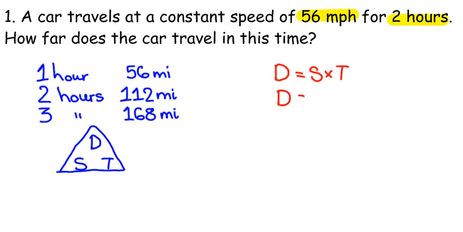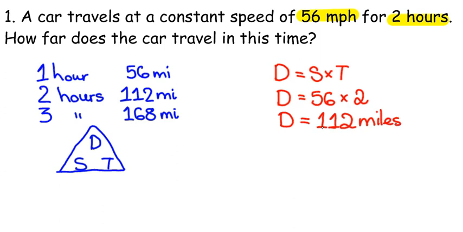So in this case, our distance is going to be 56 miles per hour multiplied by 2 hours, and that is going to be 112 miles, not 112 miles per hour, 112 miles. Try and not lose marks for units in a question like this, because it's really straightforward to lose.